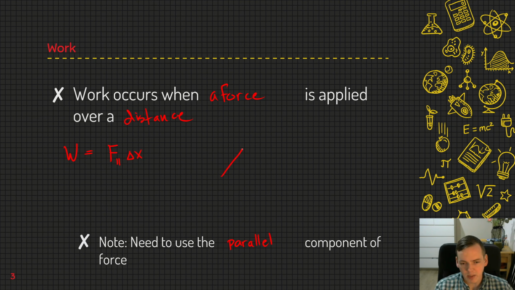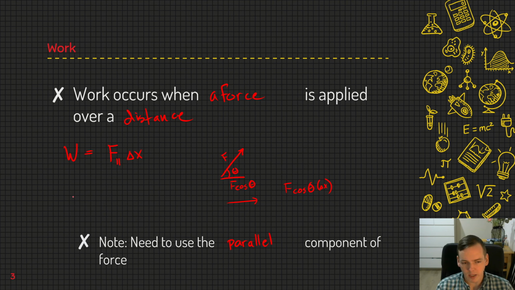So if I'm pulling with a force like this, the horizontal component here is F cosine theta, and if the object actually moves horizontally, it would just be F cosine theta times delta x. Typically, because of the way the angles are measured, it's often going to be F cosine theta times delta x, but not always.